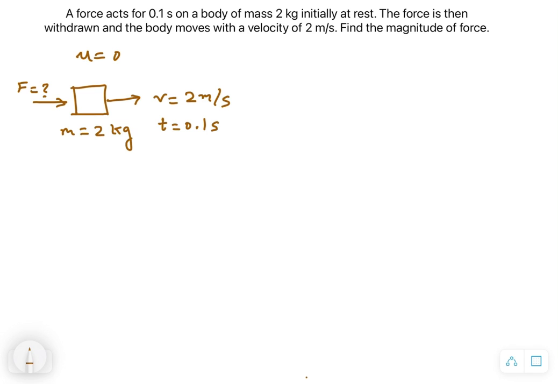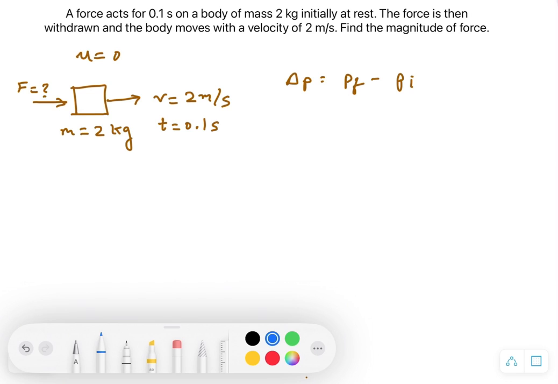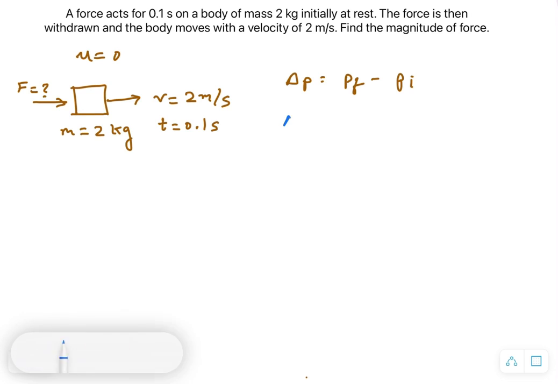Now let us first calculate the change in momentum. Change in momentum is final momentum minus initial momentum. Final momentum is the product of mass and velocity, minus initial momentum, which is the product of mass and initial velocity.